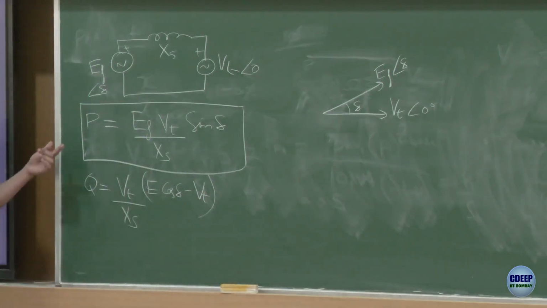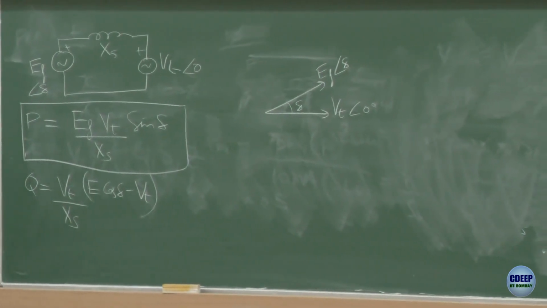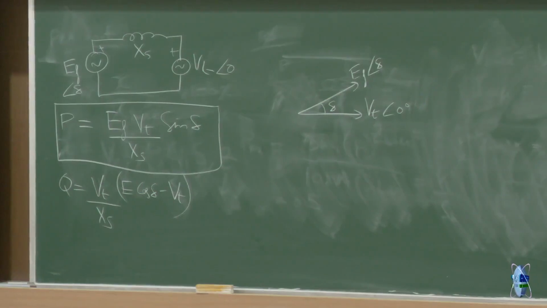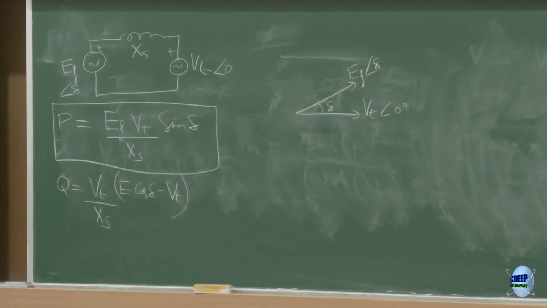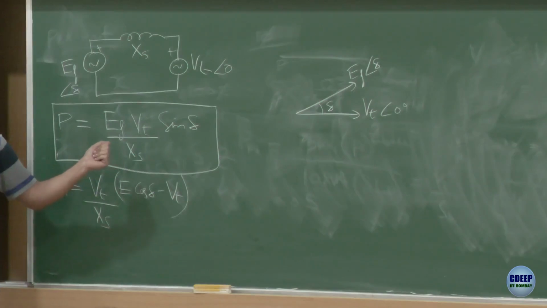Now if delta is 0, then what is the power transfer from Ef to Vt or Vt to Ef? 0, right. So, if delta is 0, power transfer is 0, correct.